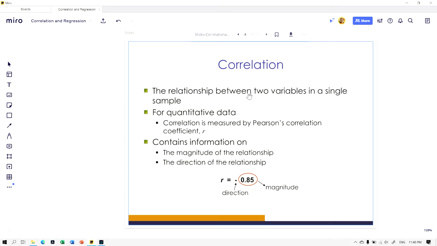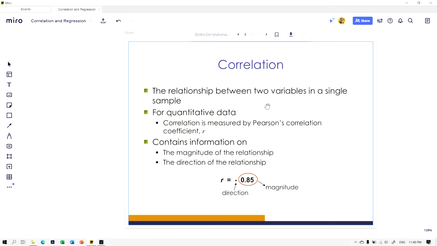Correlation analysis to get the correlation between the two variables can only be done for quantitative data, and correlation is measured by a statistic called Pearson's correlation coefficient, denoted by the symbol R. The Pearson correlation coefficient R contains two pieces of information.